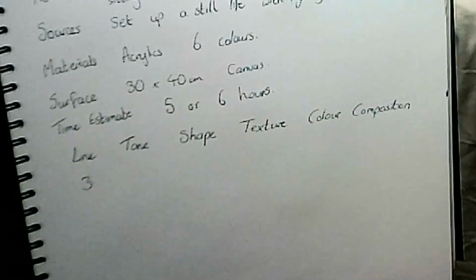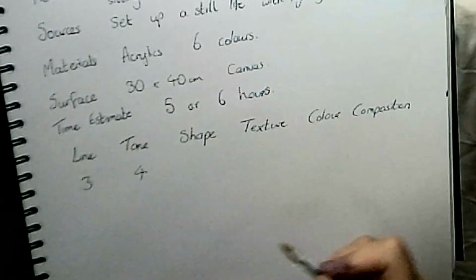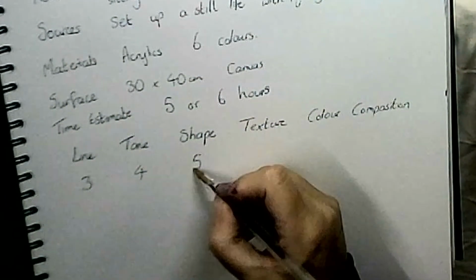And let's look at the fundamentals. Line. I think line's going to be very important in this one because there's not a huge range of colours. So I'm going to say 3 for line. Tone, 4. Shape, 5.